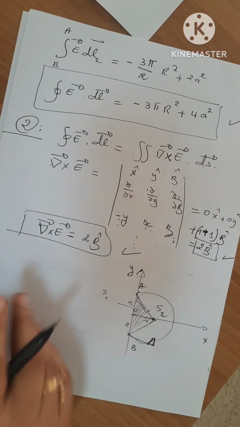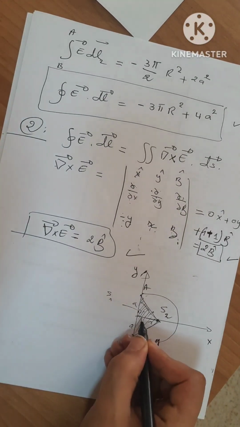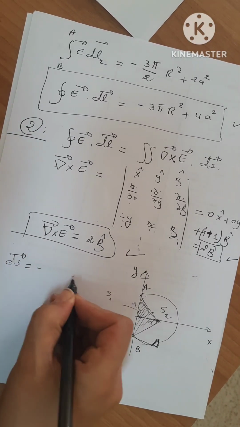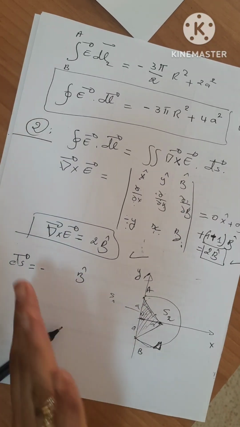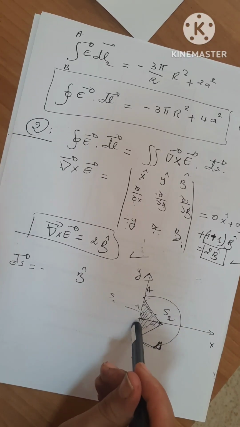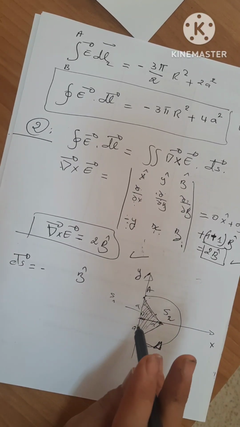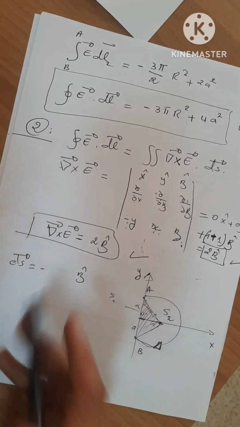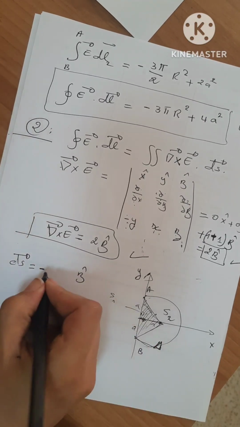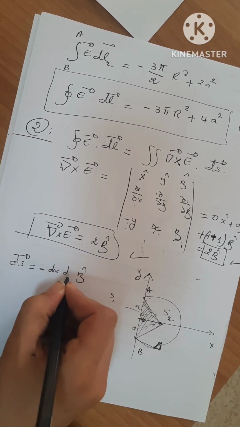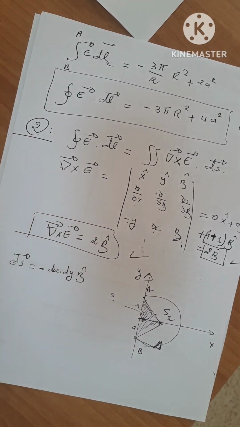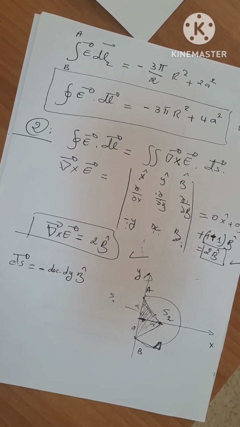Of course ds vector is in the minus direction of z. Z is like this, but our direction is opposite to z, okay. So it is minus in the direction of z. What are the variables? dx, dy, okay? dx times dy, minus dx dy in the direction of z.